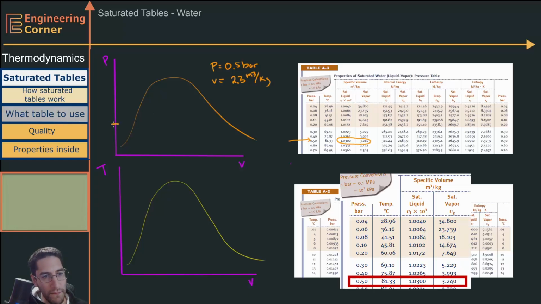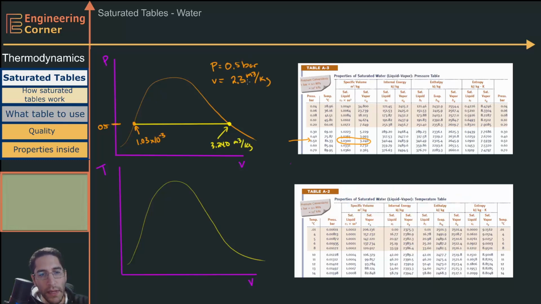Remember, this point right here refers to 1.03 times 10 to the minus third. Then we have our line that goes straight across. And this point right here corresponds to 3.240 meters cubed over kilogram.